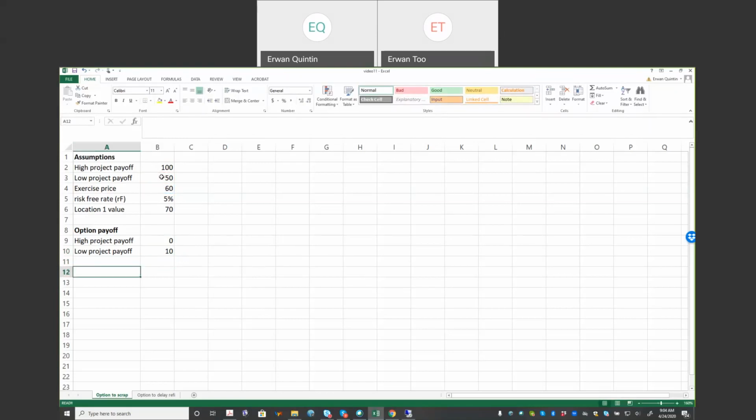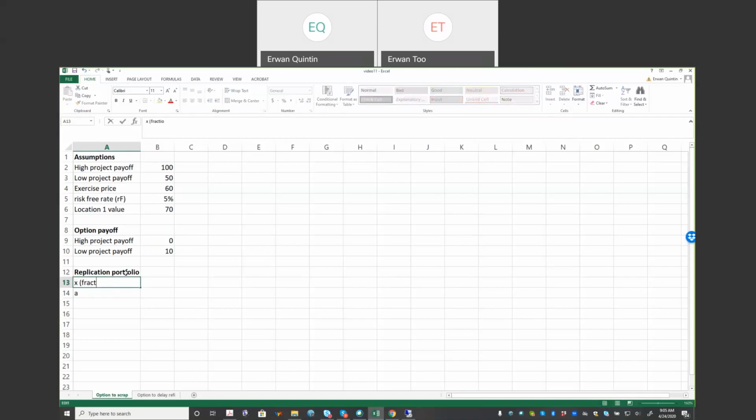Okay, great. And now all I need is my little replication portfolio. So I'm going to have my little x, and I'm going to have my little a. So maybe I'm going to put some words here.